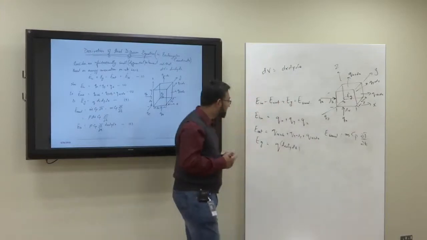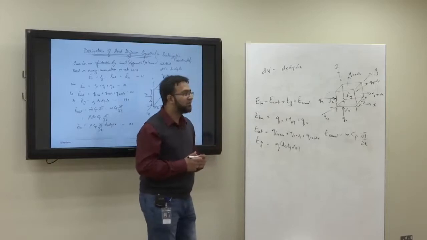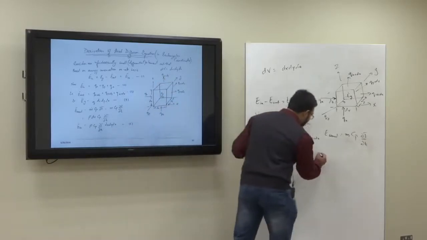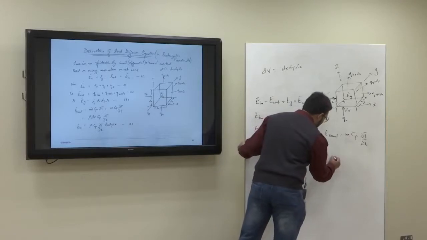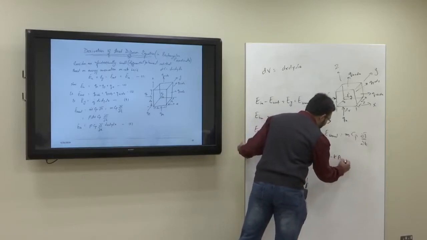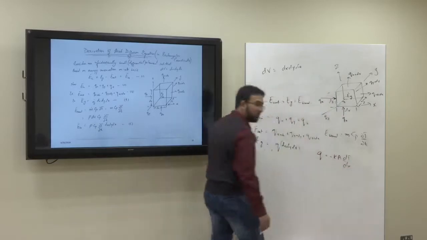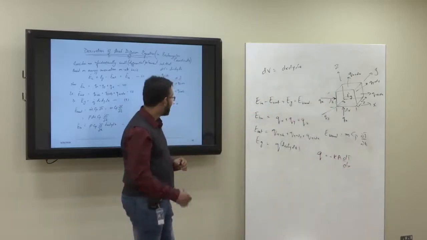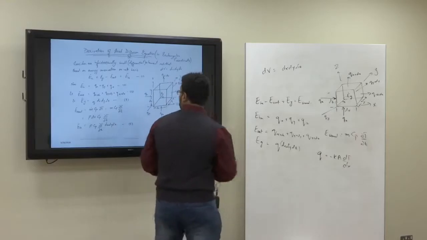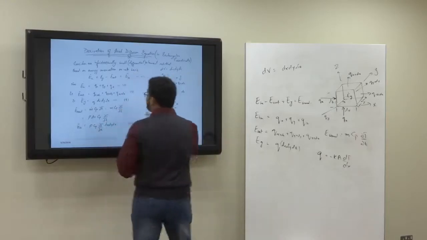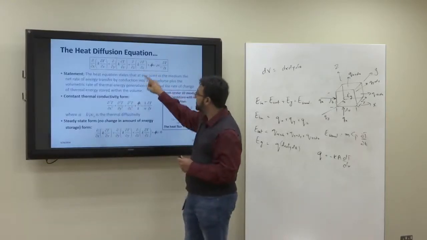For conduction, Q is given by Fourier's law. As per Fourier's law, Q is equal to negative k A dT/dx, right? Anyway, this was the main equation.